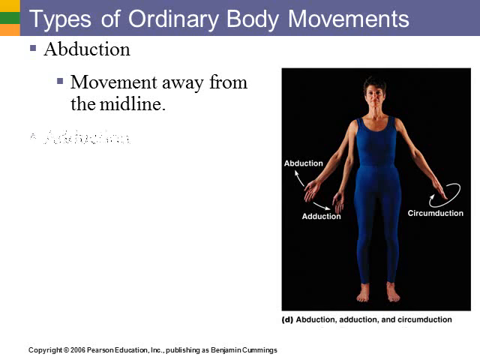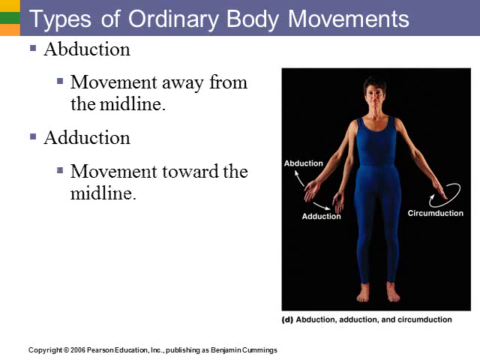The opposite of that is adduction, bringing your hands to the side. So a complete jumping jack would involve both abduction and adduction. Even though we're showing it here only in the arm, the legs will also move by abduction and adduction. On a jumping jack, your legs and arms will both abduct, and at the end of the jumping jack, when they come back together, that would be adduction.